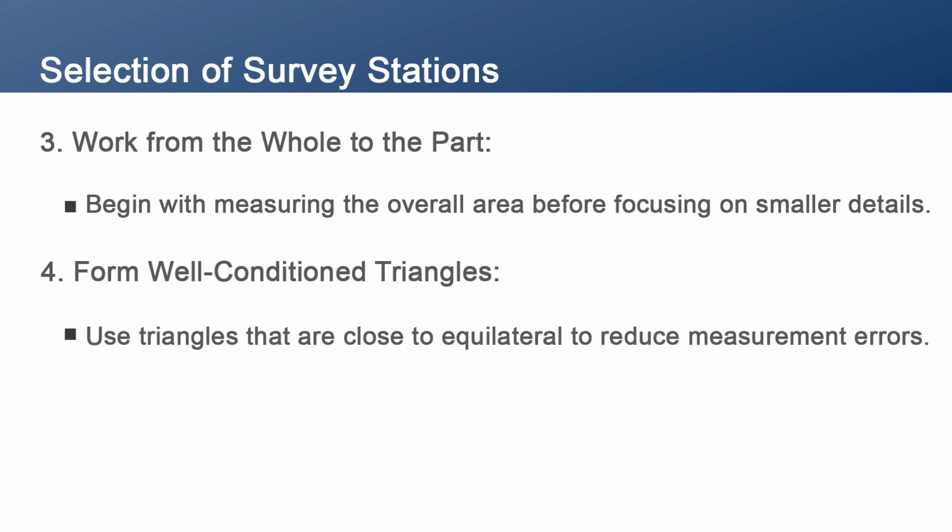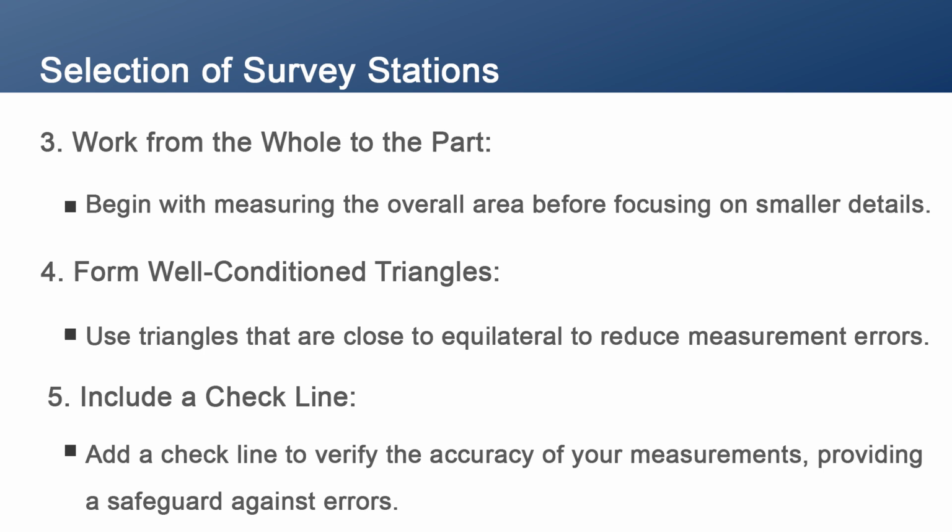Then form well-conditioned triangles. It means your survey triangles should be as close to equilateral as possible, like making sure your triangles are well balanced. Avoid triangles that are too skinny or too flat as they can introduce errors. Next, include a check line, meaning think of a check line as a safety net.